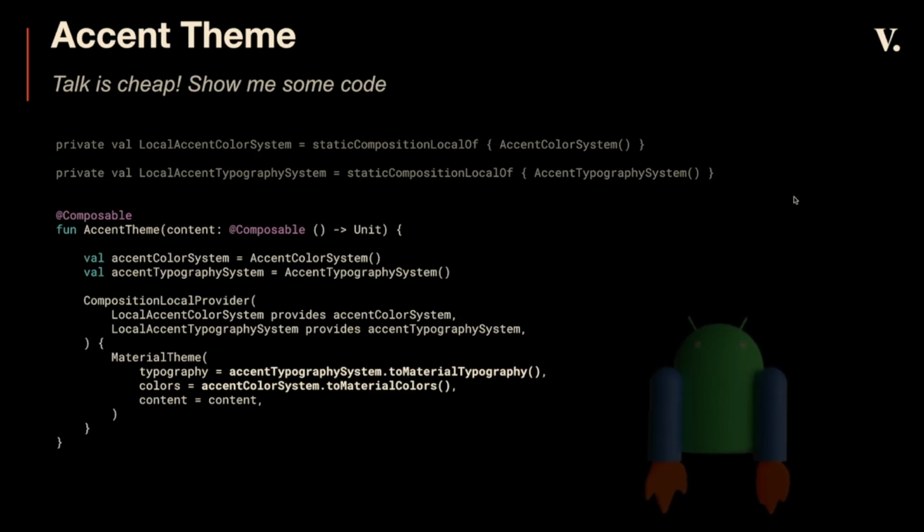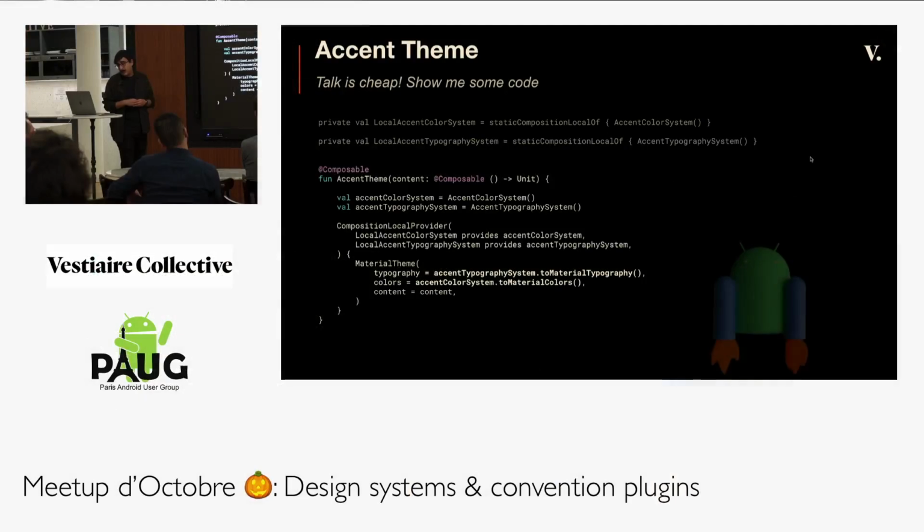Now we've seen what is composition local and how material theme is built under the hood. More specific to our case, how we are building accent theme. So you can see that we're using composition local here also to pass down the data, the color system and the typography system.